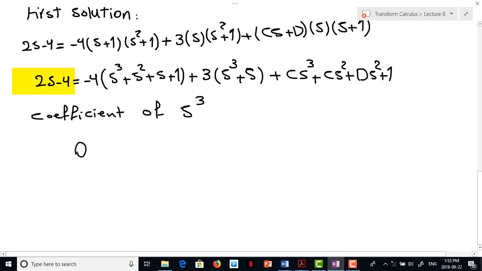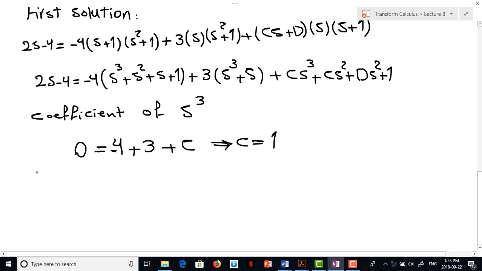It's equal to 0 because we have just 2s minus 4. What's the coefficient of s cubed in the right hand side? Here we have minus 4 times s cubed plus 3 times s cubed plus c. As a result, we can easily find c, which is equal to 1.